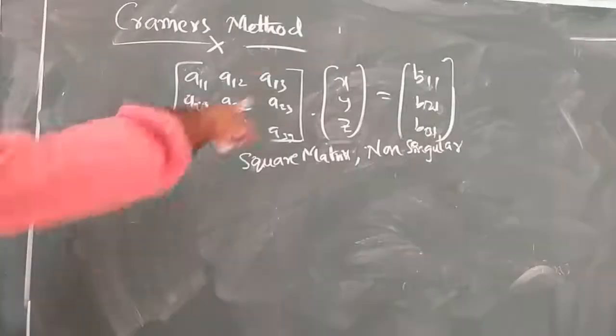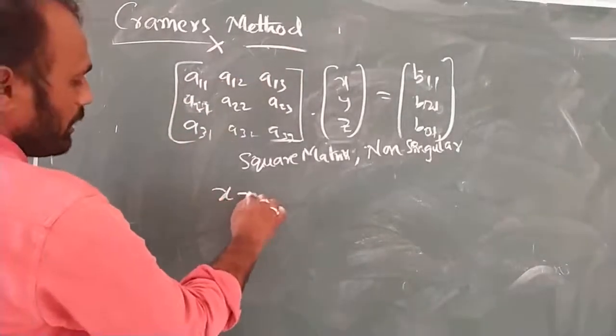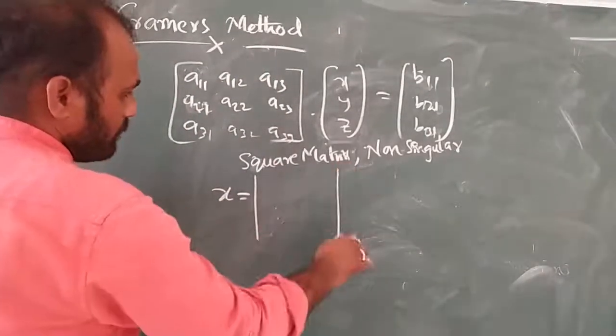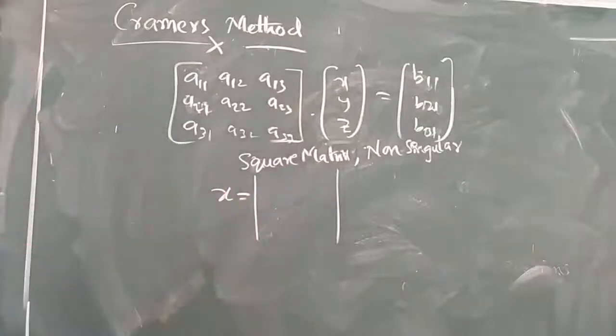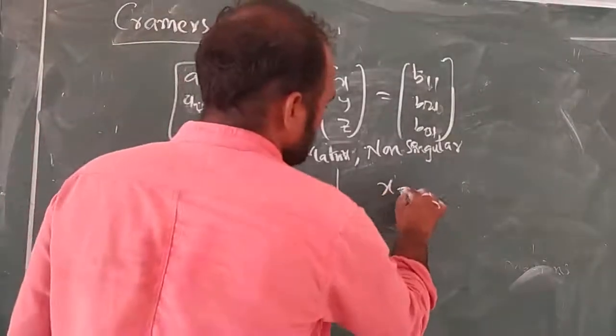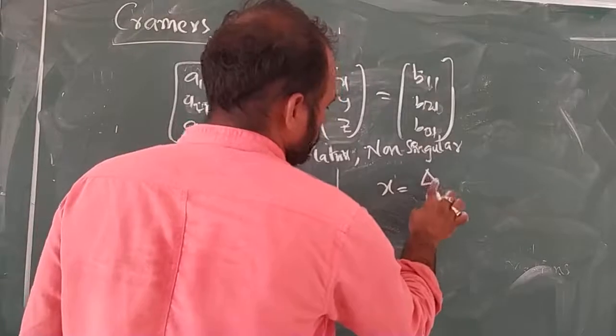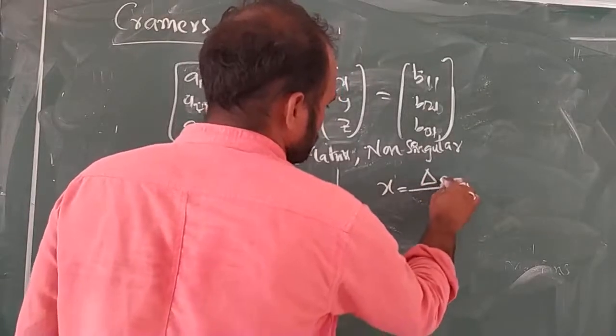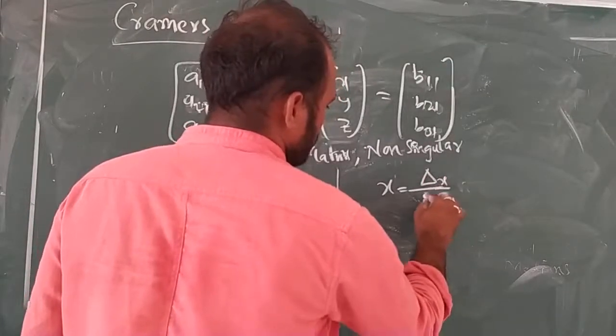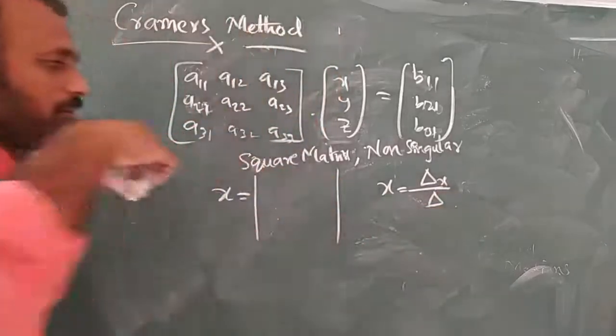To get my x value, what I need to do is find the modulus. The x formula is nothing but delta x by modulus delta. How do we get delta x?